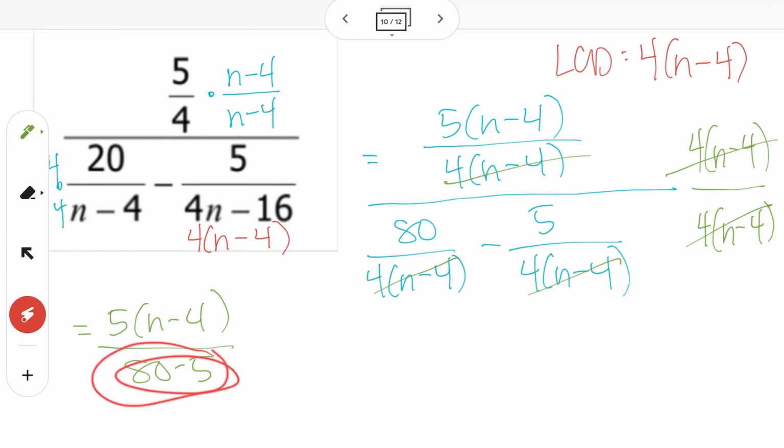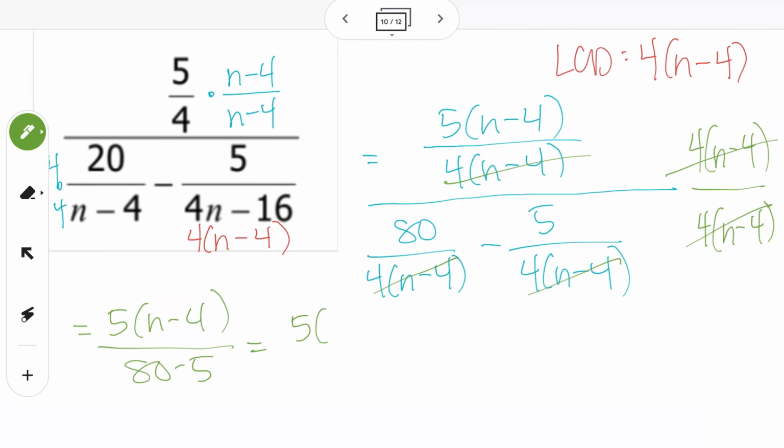Before we can simplify, if you ever have operations here, you're going to have to do them. So that's going to be a 75. Then we're going to simplify. So you're going to simplify the 5 and the 75. The 5 goes into each, over 15.